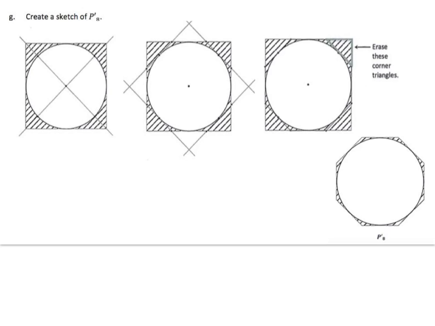If you look, it's the same way I drew my other one. This will be there, cut that there, cut that there, and there. Then you can erase the corner triangles, and you get your p prime to the 8th. I could draw the p prime to the 8th pretty well, but when it comes to the 16th, not so much, right?